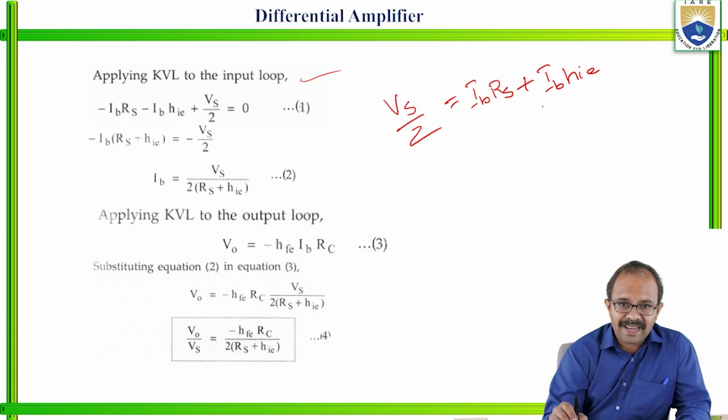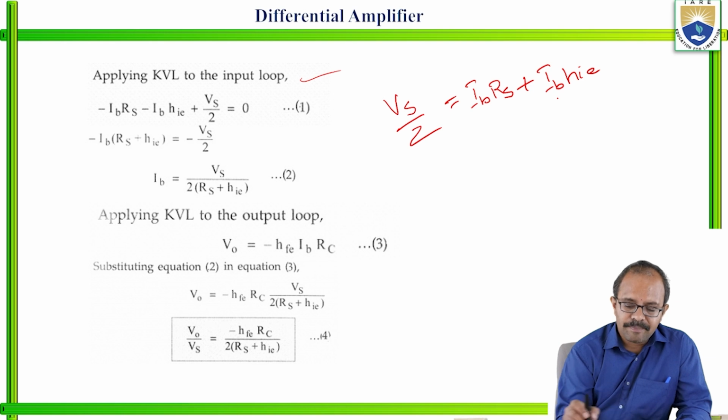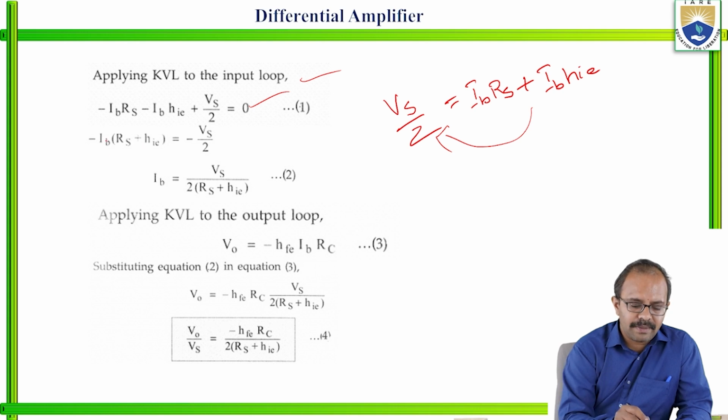So if you rearrange this expression, what can we get here? Bring all these components to the other side. So it will become Vs by 2 minus IB HIE minus IB RS is equal to 0. Now what can we take common here? You can take input current IB as common.